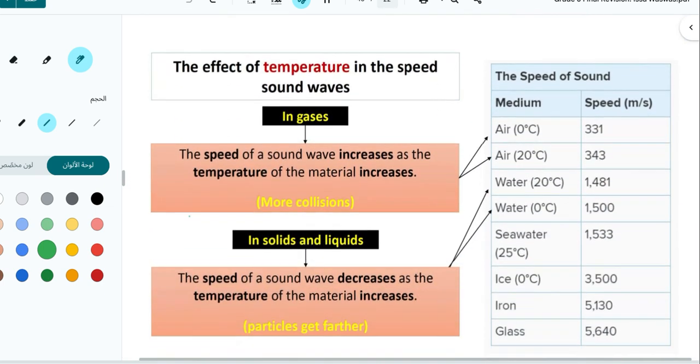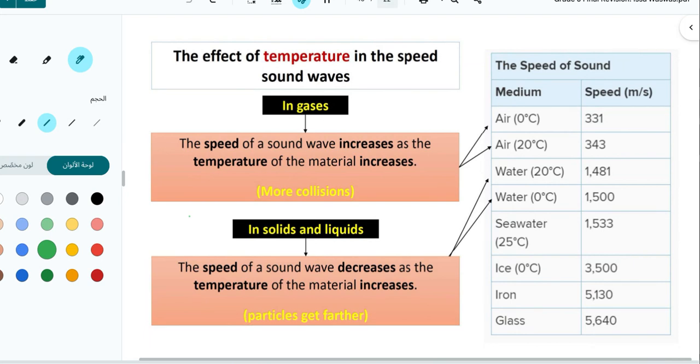Let's look at the effect of temperature. In a gas, a higher temperature will cause sound to travel faster. So here's air at 0 degrees and air at 20 degrees. We can see it travels faster at higher temperatures. Solids and liquids are the opposite.